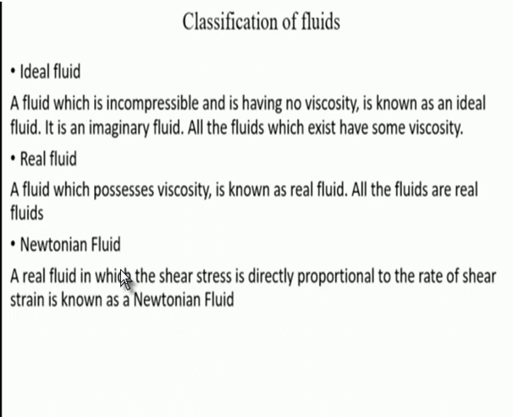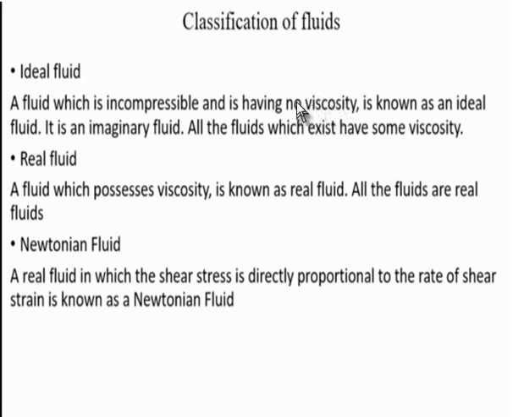What is the ideal fluid? A fluid which is incompressible and has no viscosity. A fluid which is incompressible, we cannot compress that fluid. It does not have any viscosity. Viscosity is a property of the fluid.